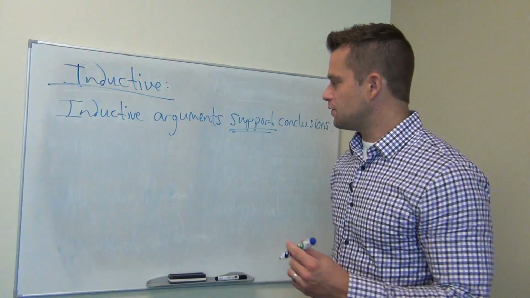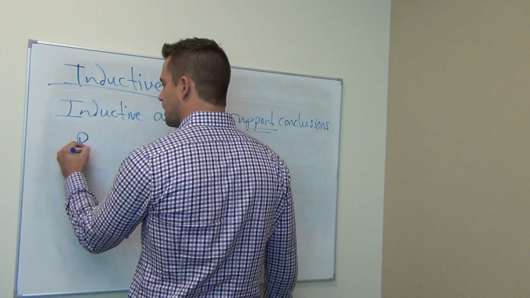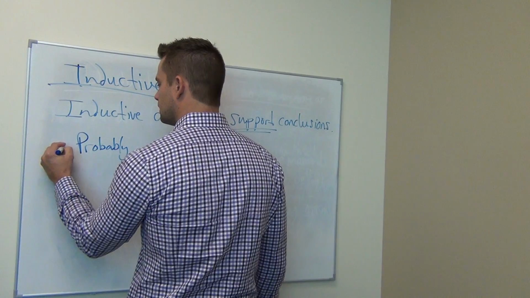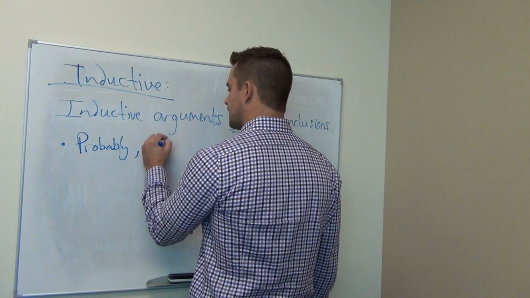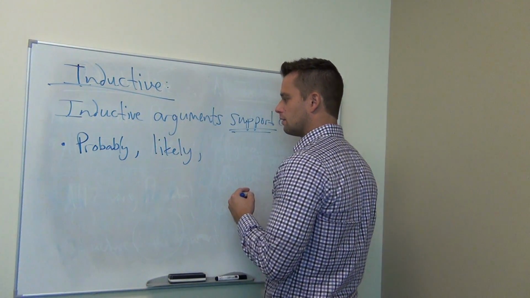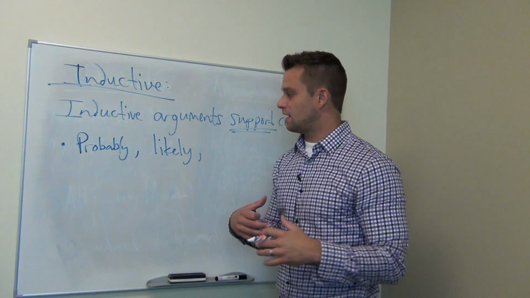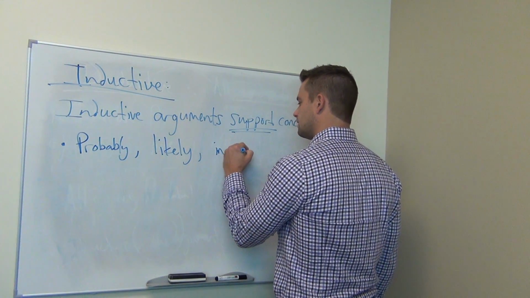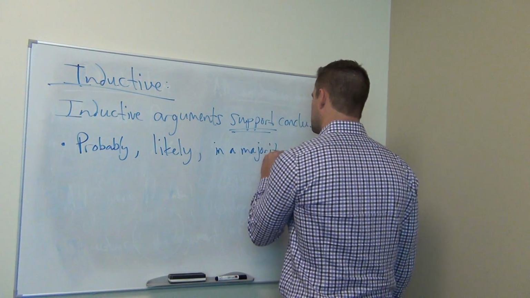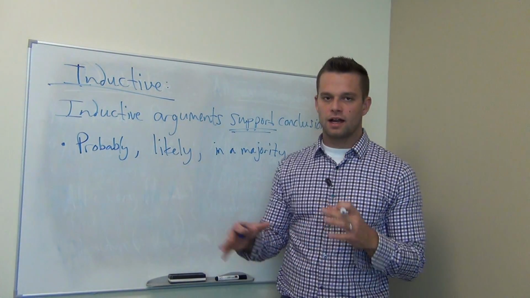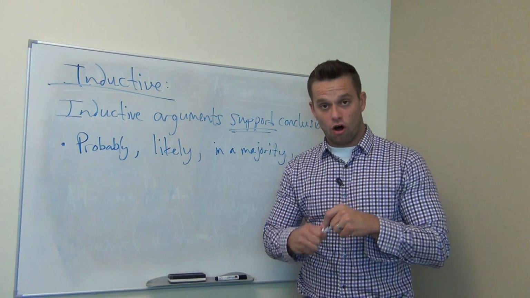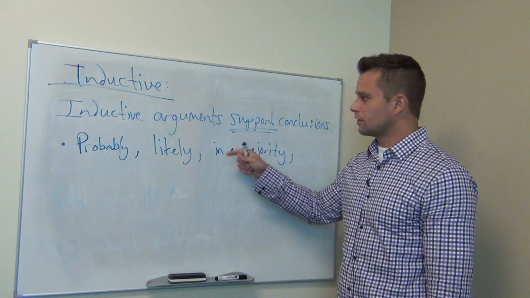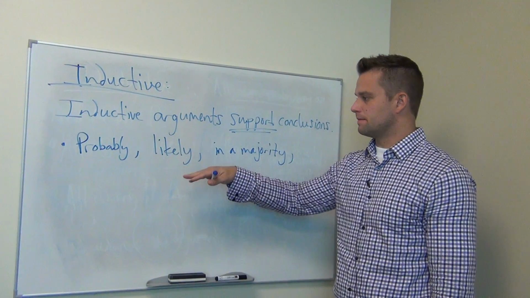And so, if you see words in arguments like probably, or likely, or you might just see it follows from this that in a majority of instances, any word that is not quite as strong as always or none of the time, you're going to tend to think that it's an inductive argument.